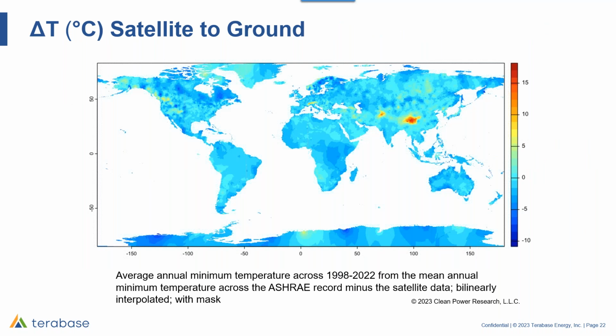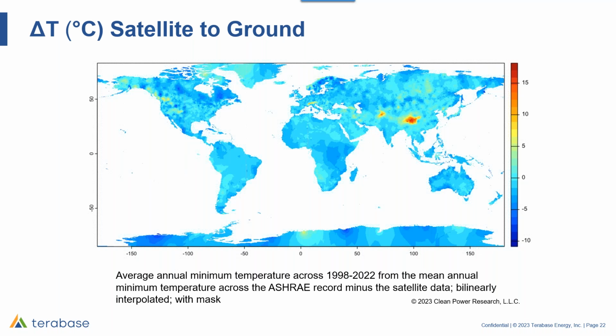So here's the meat of the analysis. This is the delta T satellite to ground. So this is ASHRAE minus satellite. If ASHRAE is less than satellite, then it will be blue. If ASHRAE is greater than satellite, then it will be red.